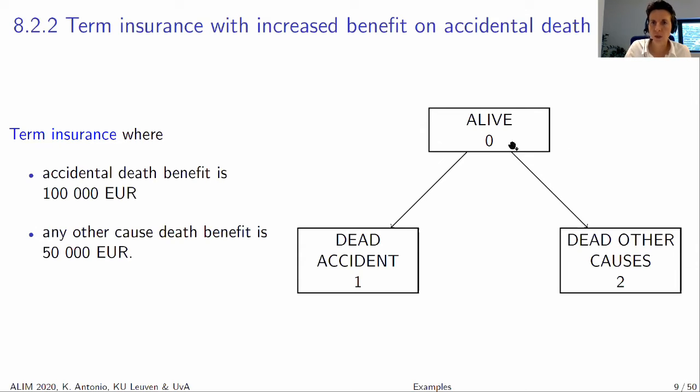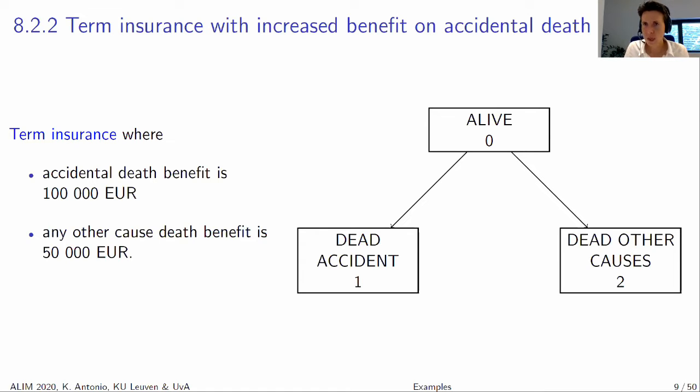We have the alive state, we have the death by accident state, and we have the death because of other causes state. And what we need in order to work with this model is to calibrate the intensity to go from 0 to 1 and the intensity to go from 0 to 2, right?